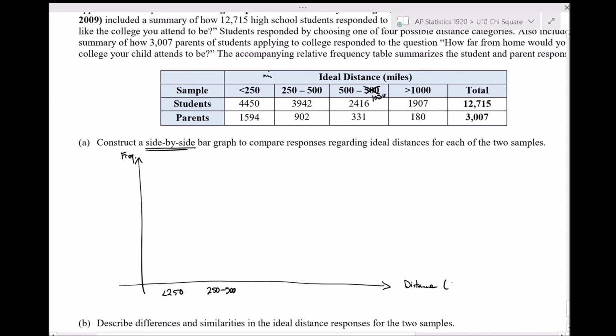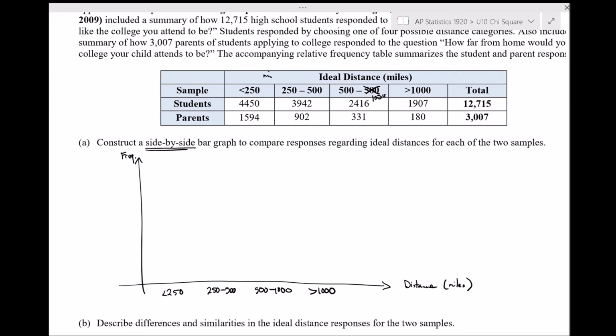This is in miles. 500 to 1,000, and then greater than 1,000. So 4 categories. Within each of these categories, though, because it's 2-dimensional, we want 2 bars per category. So per category, 2 bars, one of them for students, one for parents.